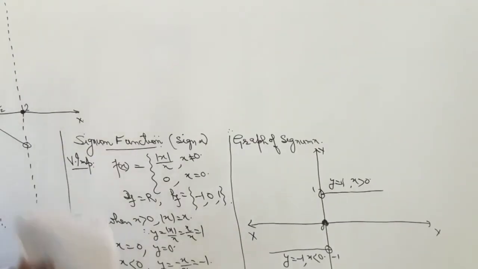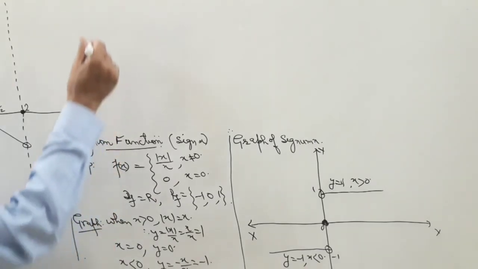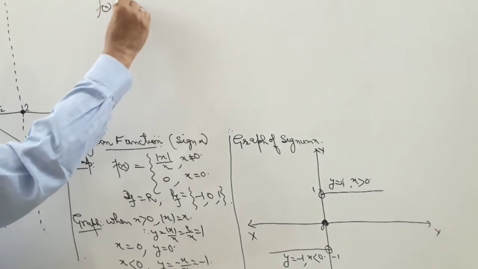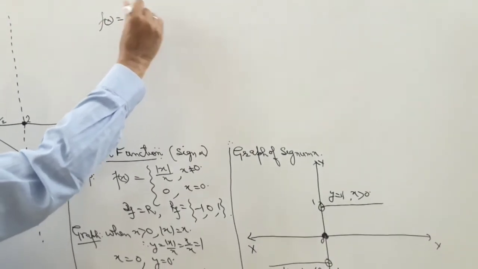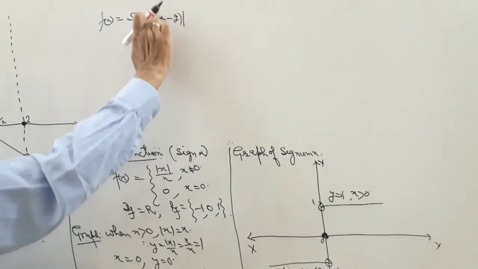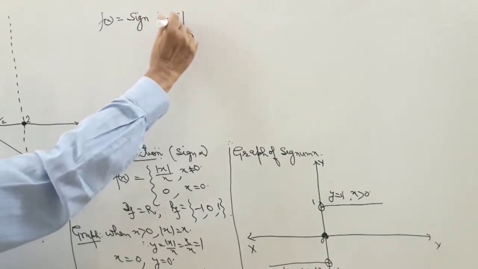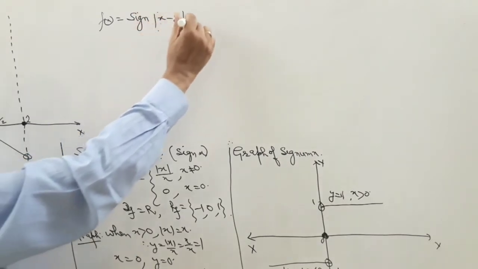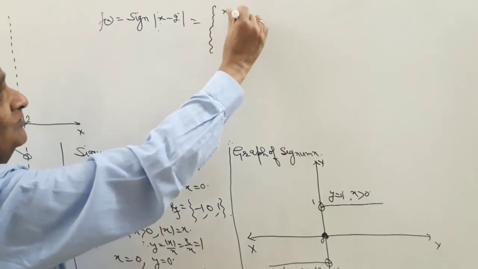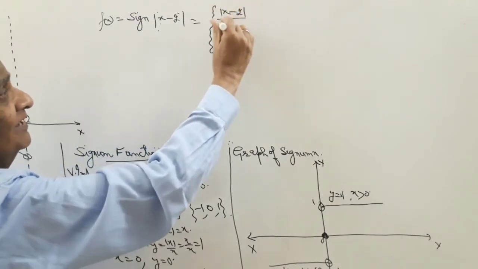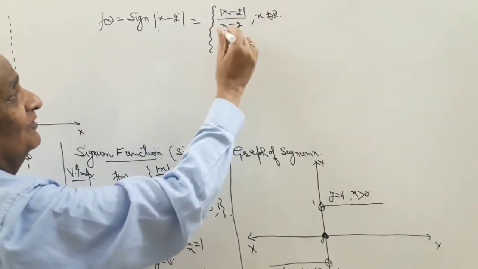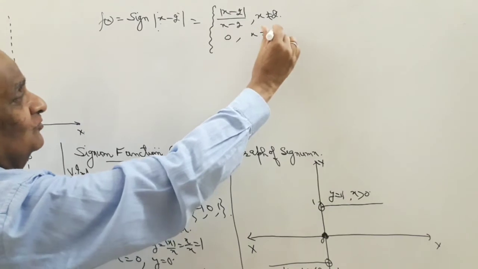Now, parallel to this, let us draw one more graph. We say f(x) is equal to signum (x minus 2), the signum of x minus 2. So we define it first of all as before, |x minus 2| upon (x minus 2), x is not equal to 2, and 0, x is equal to 2.